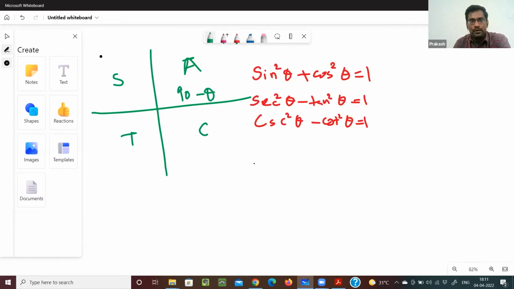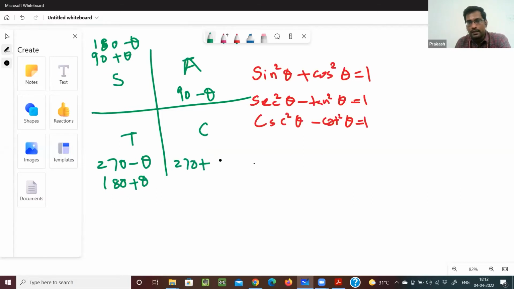This one is 90 plus theta. The theta is an angle, or otherwise we can say 180 minus theta. Here 270 minus theta, or otherwise 180 plus theta. Here we know this is 270 plus theta. Otherwise we can say 360 minus theta.